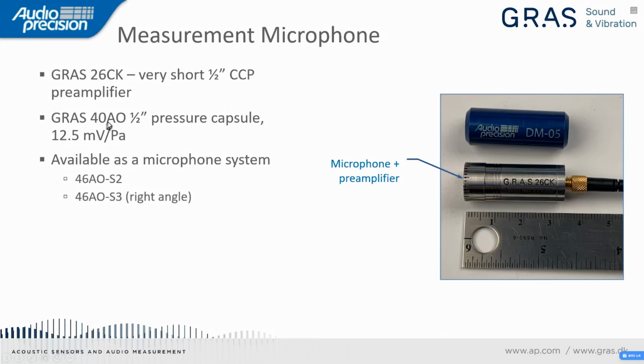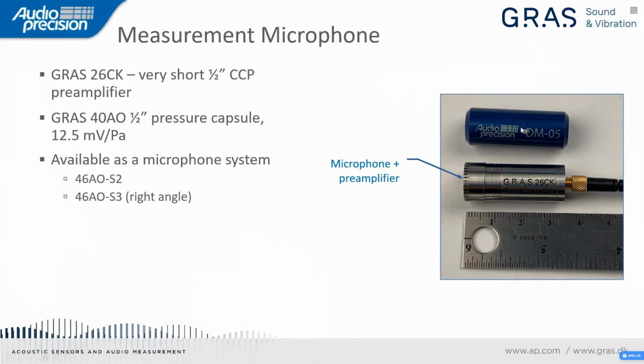Typical one would be this 40AO, which is a CCP type microphone capsule, and it has a nominal sensitivity of 12.5 millivolts per Pascal. So over here, I'm showing the capsule and the preamp combined. And as you can see, the total length of the device is about 37 millimeters from tip to tip. So it's a nice small half-inch microphone set that can be used inside that small chamber.